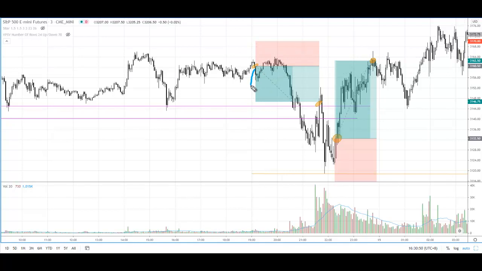This is the bar here, some kind of reversal out of this little formation here, and with the anticipation of trading it down to at least the swing low here at about 3140 or 3144.5.